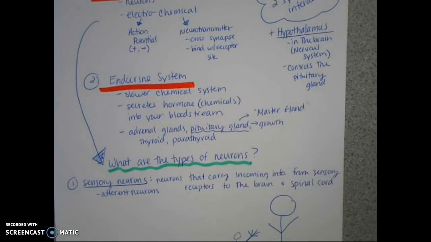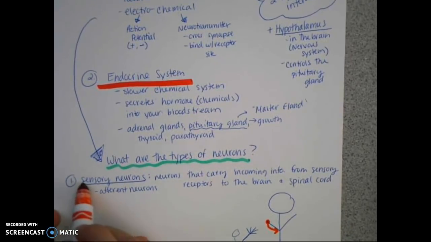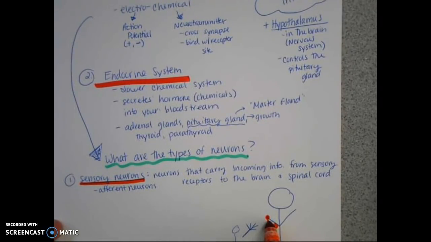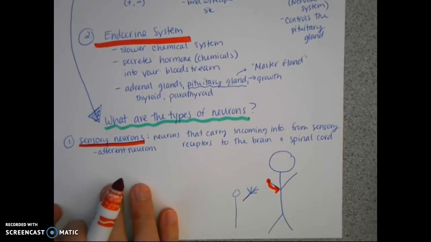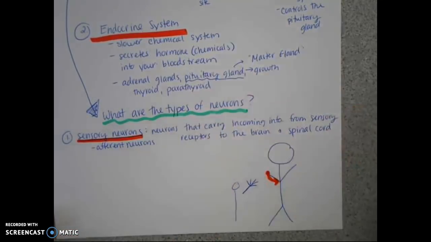What that would mean is that those sensory neurons pick up the touch and they carry it towards your brain and spinal cord. So that message is going down the length of your arm, because you're picking it up in your hand. It's going down the length of your arm to the spinal cord.